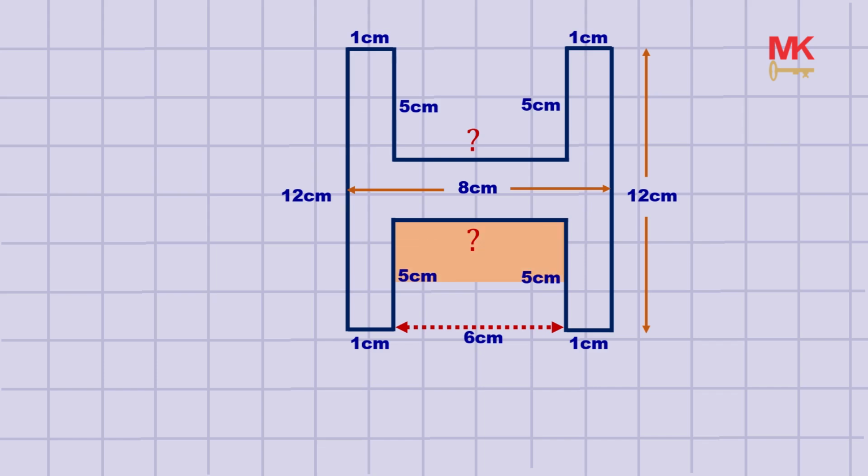So, considering this rectangular space, this missing side must be 6 centimeters, meaning that the opposite length is also 6 centimeters. Now all 5 missing sides have been found, meaning we can now calculate the perimeter of the entire figure.